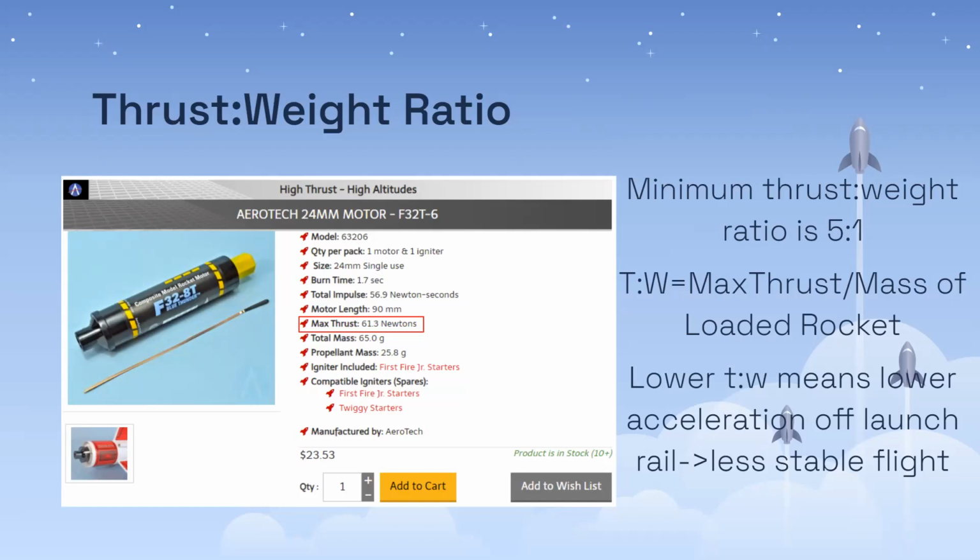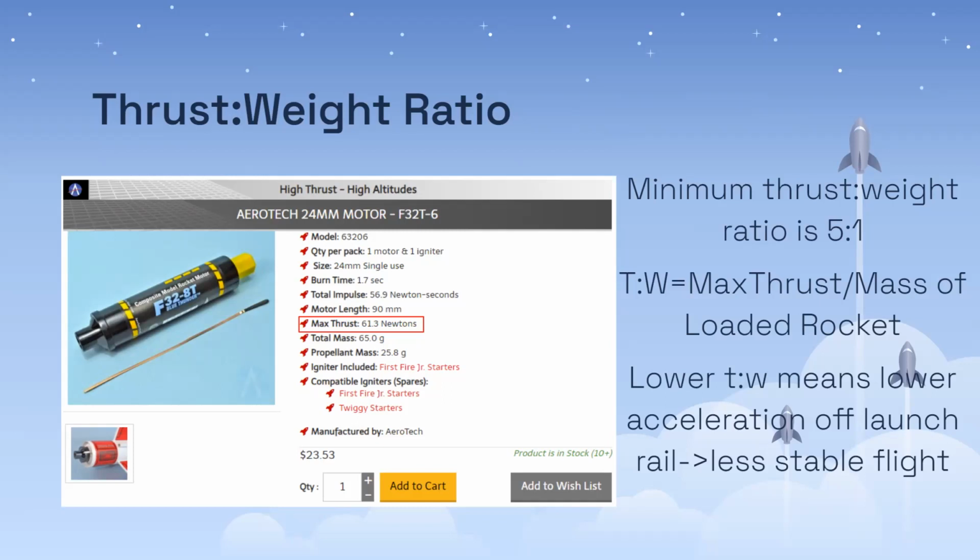The higher the max thrust is, usually the faster it's going to accelerate to its maximum speed. So in a car, if you have high horsepower, you can accelerate a lot faster. Your maximum speed is still going to be relatively the same, but you will get to that speed a lot faster. And so in rocketry, the minimum thrust to weight ratio is 5:1.